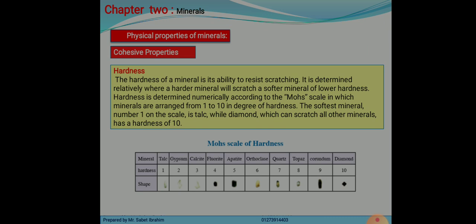Number 2 is gypsum. Number 3 is calcite. Number 4 is fluorite. Number 5 is apatite. Number 6 is orthoclase. Number 7, quartz. Number 8, topaz. Number 9 is corundum, and number 10 is diamond. This is the Mohs scale of hardness.